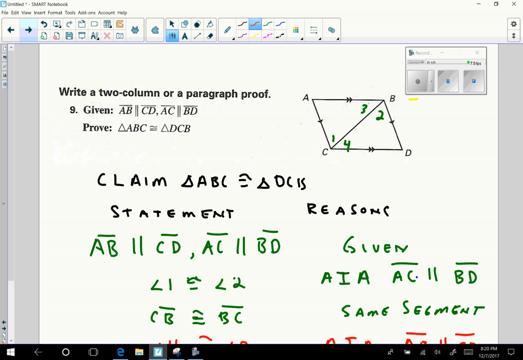So let's go to this next creature. Ooh, this one is a little bit longer, maybe a little bit tougher. So let's be very careful with this one right here. The first thing that I'm going to do is look at the given information.